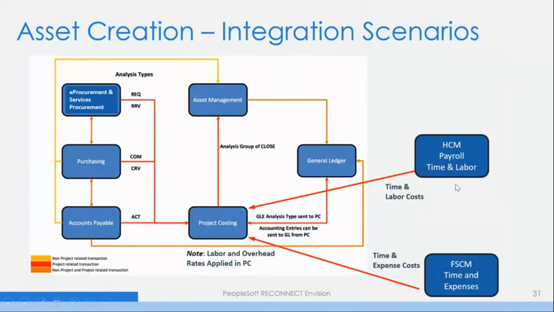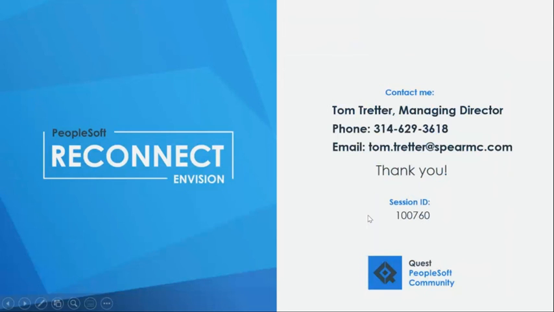I've added over to the right HR, time and labor, payroll, and financials, time and expenses. So these are also key parts of the ESA solution. I mentioned these previously, but these modules feed project costing, and you can actually use that data to build your assets. So I just wanted to point those out.